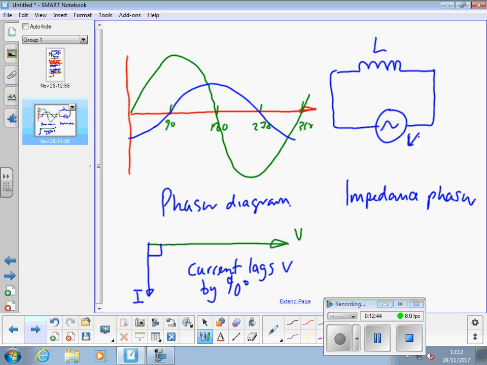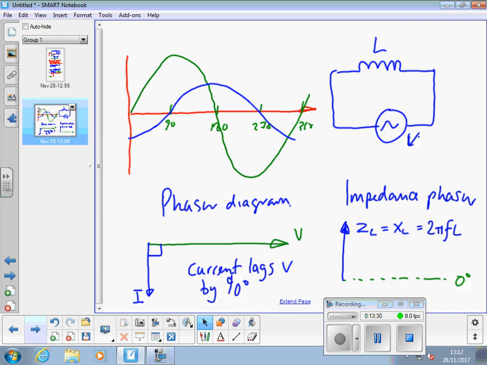The impedance phasor will show where our reference 0 degrees is, but up here we've got ZL, that's equal to XL, the inductive reactance, which is equal to 2 pi FL, where F is the frequency in hertz and L is the inductance in henries.